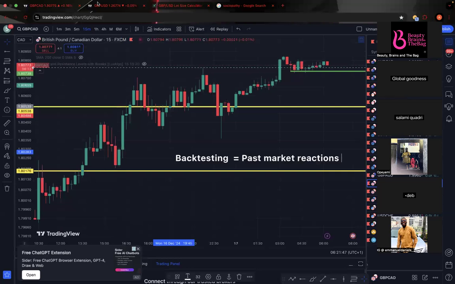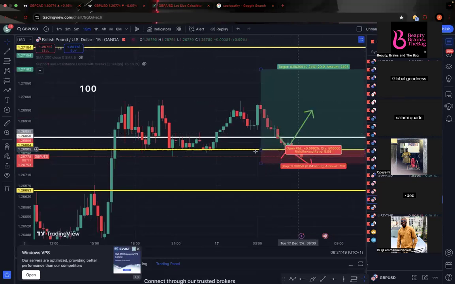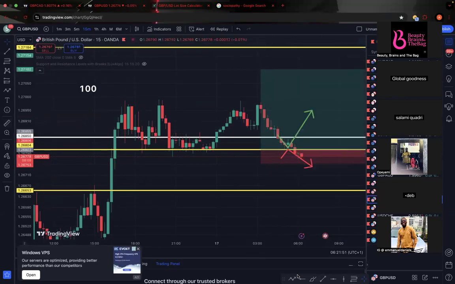So this particular setup, I've seen multiple times in the past from my back testing. Every time I see something like this, every time the market does these things and gives me this particular pattern you're seeing here, it's called the complete pattern.